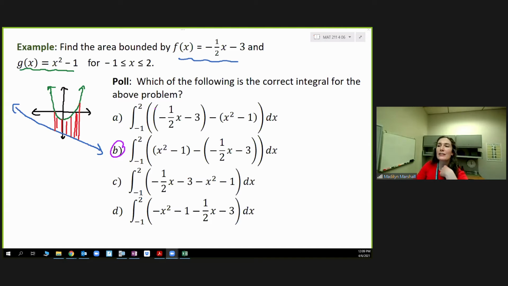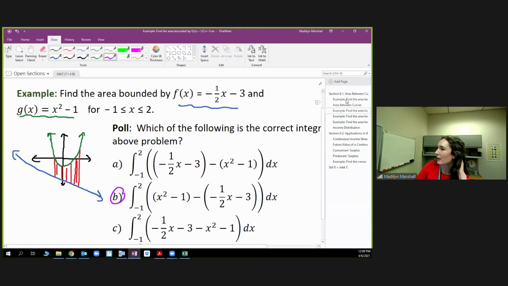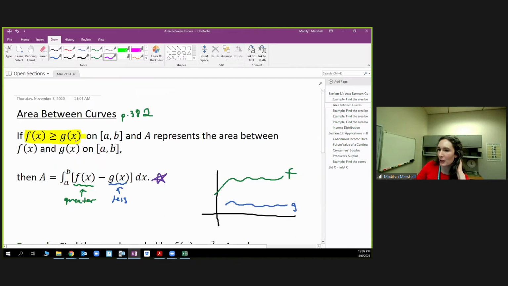So our formula for area between curves was F minus G. But we have to remember the actual names of these 2 functions are not what's important. It's the fact that the greater function, the function that is higher up on the graph, is what goes first in those parentheses.